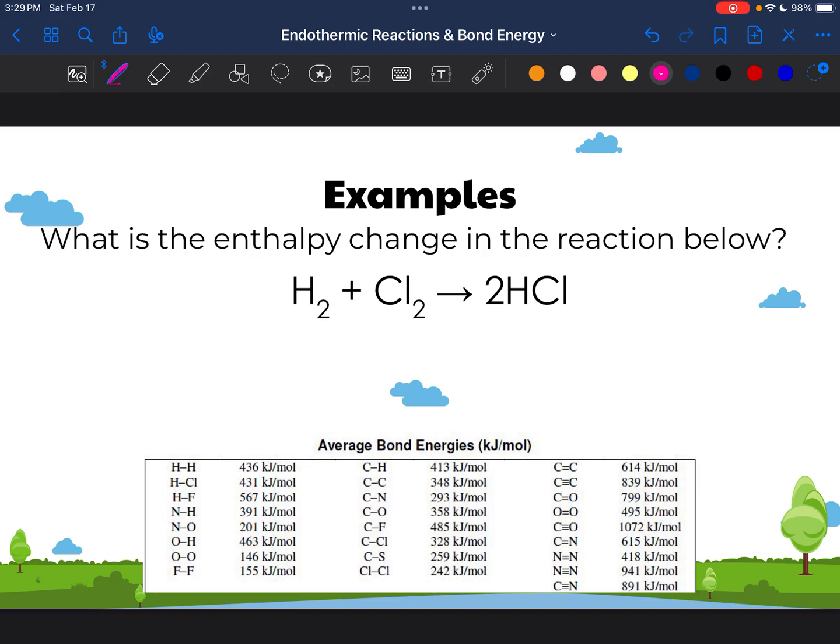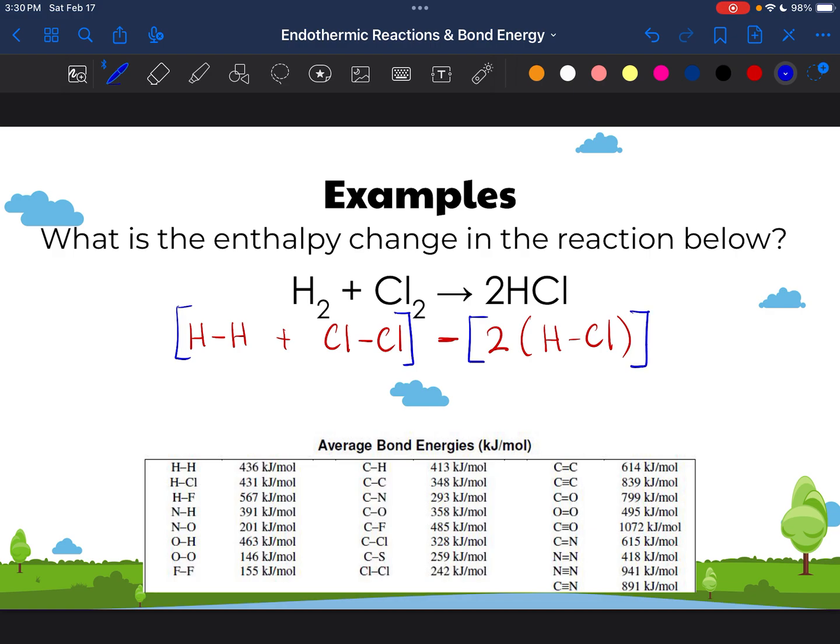So right now we have the following drawing. I'm going to skim through because I'm going to assume that you understand how to draw this. So we've got H with H plus Cl with Cl, minus 2 times HCl. Now I'm just going to place parentheses to keep in place that one side is the reactant while the other side is the product.